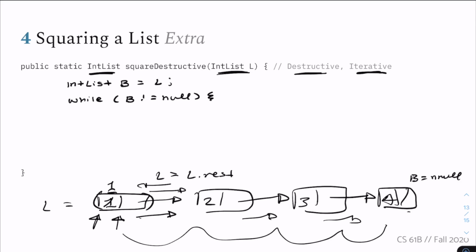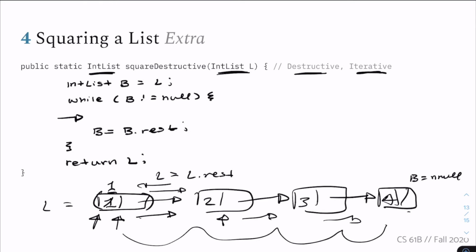then we do something. Well, one thing we know we have to do at some point is go from b to b.rest. And now, the only things that we have left are, of course, we also return our L. And now I have to figure out what goes in this space. What do we actually do? What does b do when it's on each element?